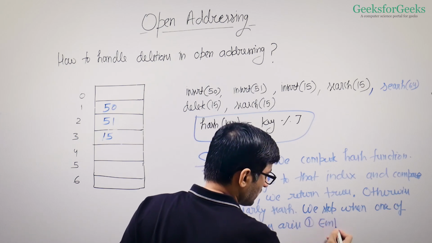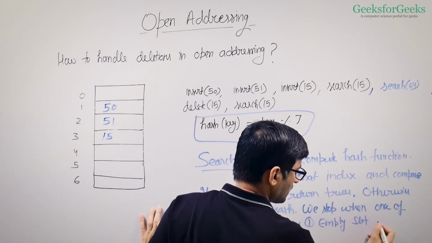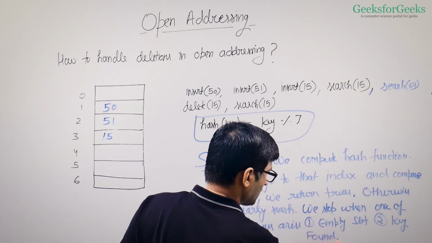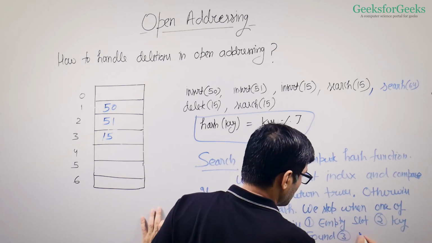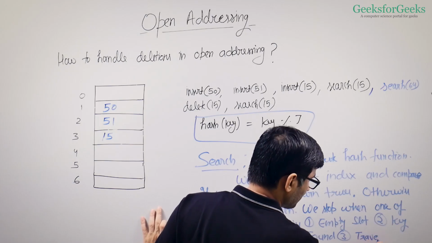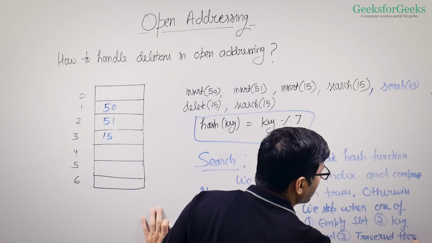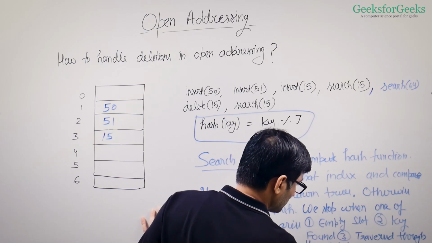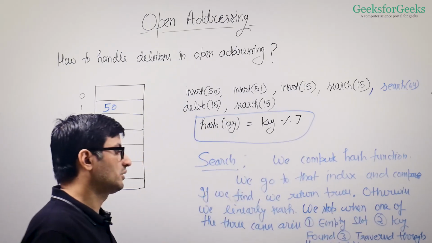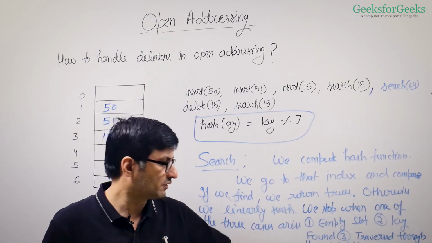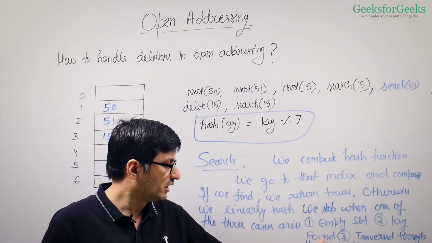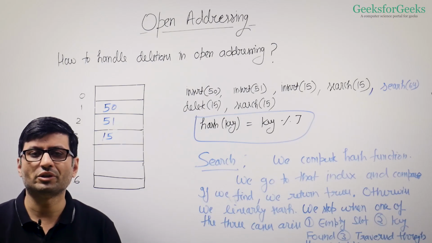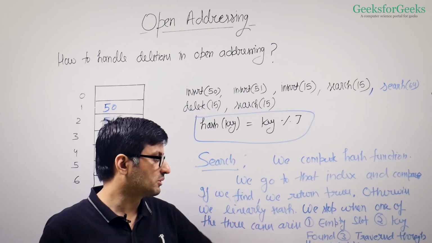Empty slot, key found, third case is traverse through the whole table. So these are the 3 cases that arise, and we stop in all these 3 cases. If we have traversed through the whole table, we return false. If we have found the key, we return true. If we found the empty slot, then we return false. So we return false in case number 1 and case number 3.